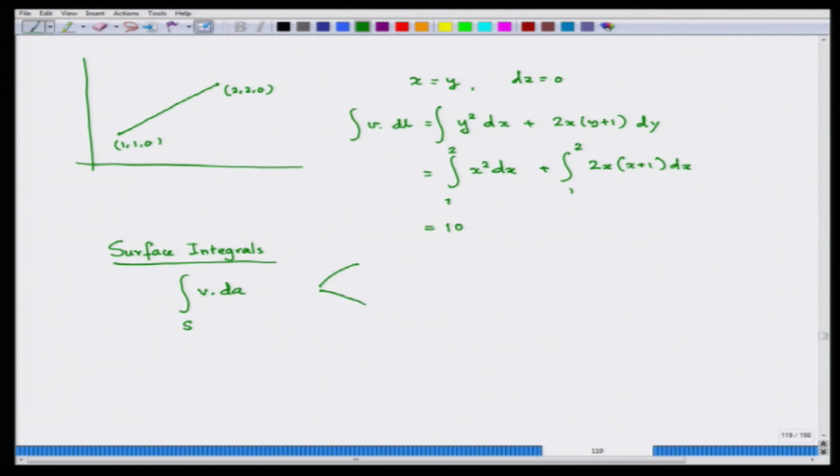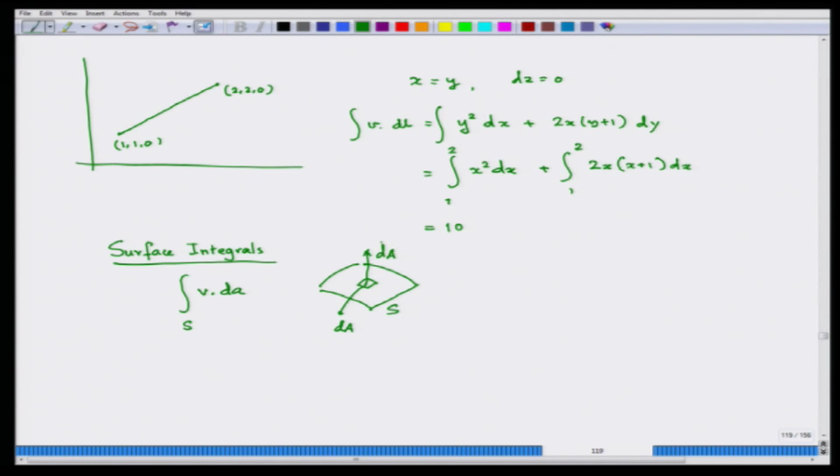If you have a surface like this, then dA is a small area, the elemental area, on the surface S. If you want to express the area as a vector, it is a vector pointing outward from the surface.